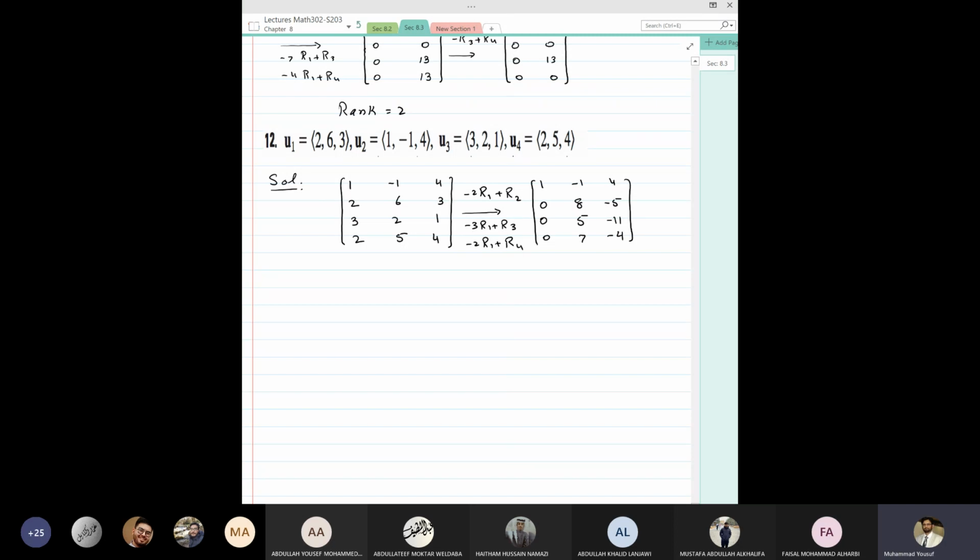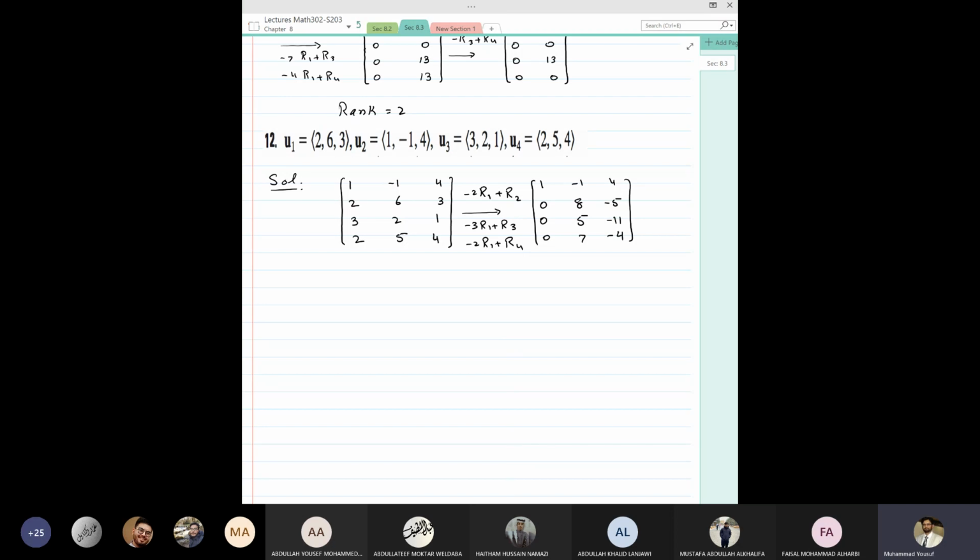You apply more row operations and try to make the numbers below 8 equal to 0. Then continue further and see what rank this matrix has, compared to the number of rows.